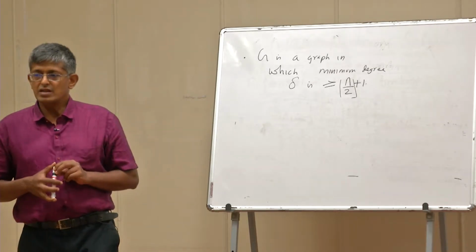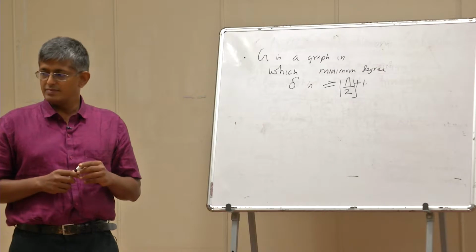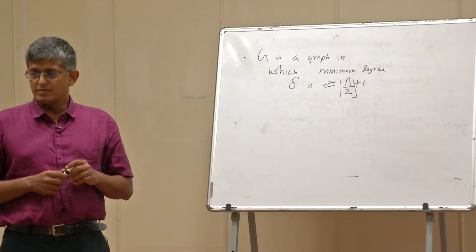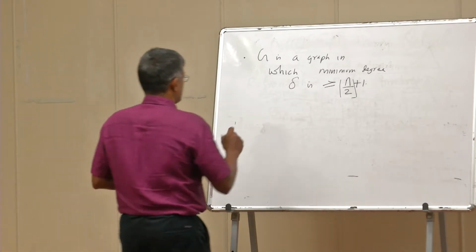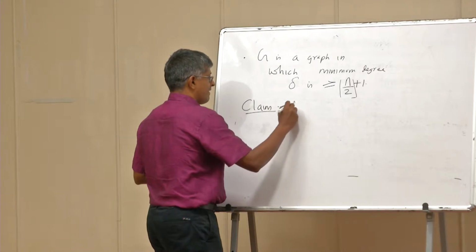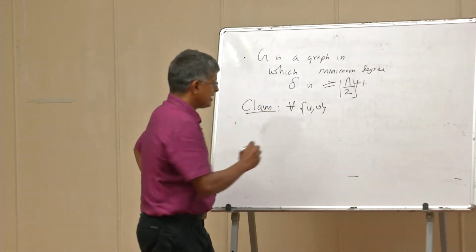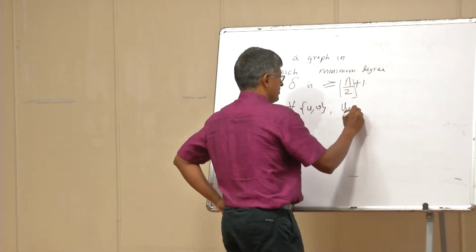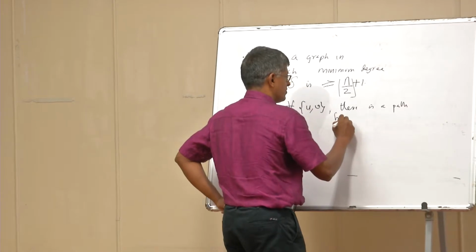Is it possible that there are two vertices between which there is no path? What would be the argument? So let's write the claim. The claim: for all u comma v, there is a path from u to v.